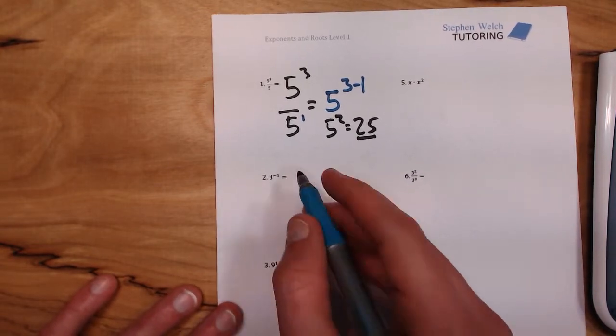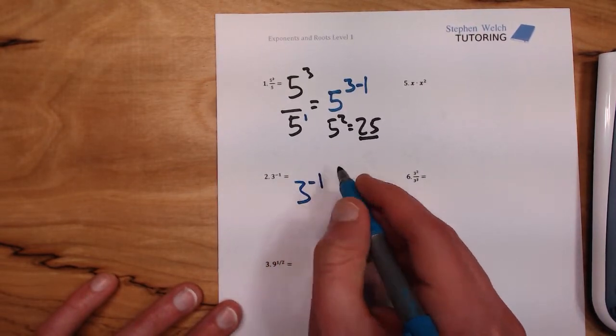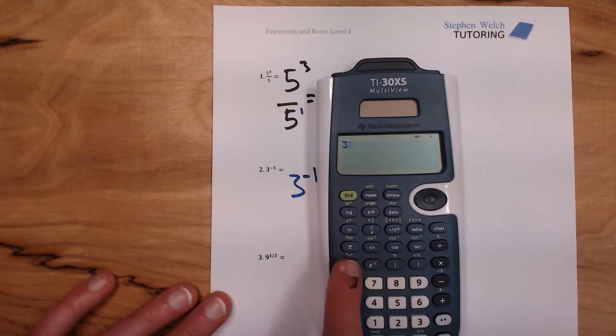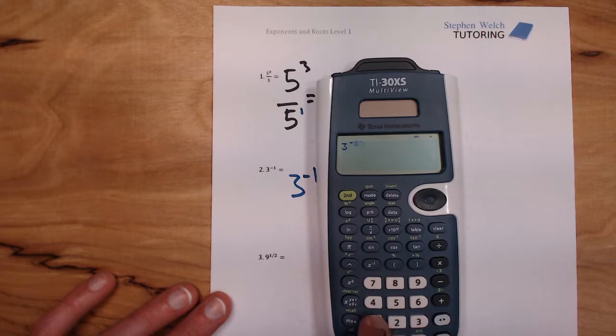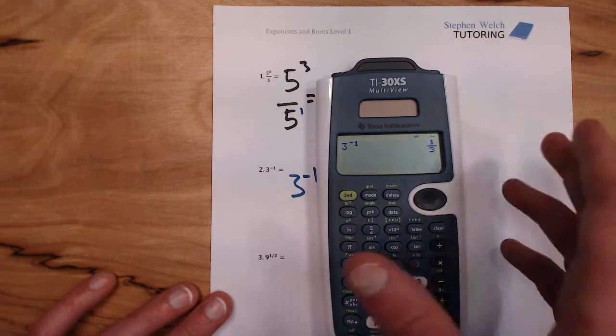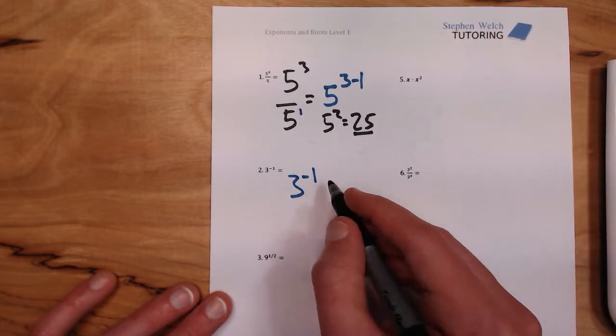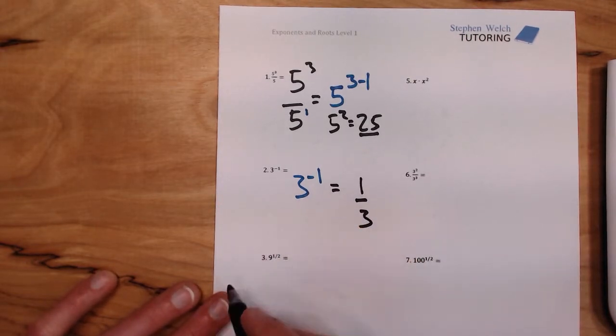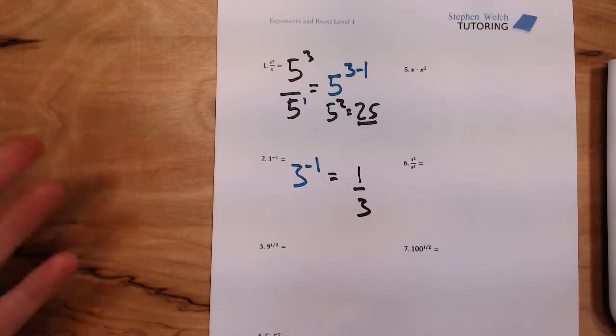Number 2 says 3 to the minus 1. Let's see what the calculator can do for us here. 3 to the power of negative 1. Okay, there you go. I'm pretty happy with that. I want you to just remember that negative exponents, all they really do is flip things upside down.